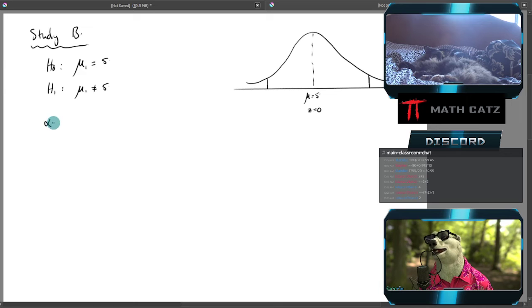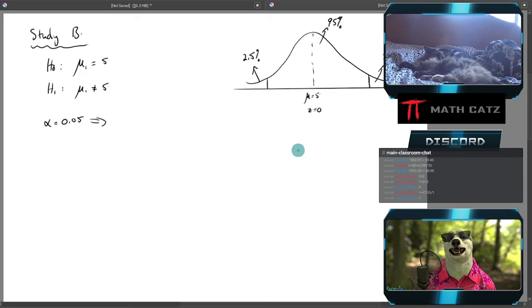If we use an alpha of 5% again, which the question wants, that means we have to split the 5% between the two tails, and each tail is only going to have 2.5%. We only want to make a mistake 5% of the time. That's what we decide is good enough, and then 95% in the middle.